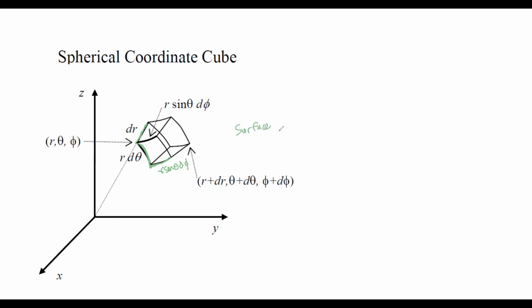For this cuboid, there are three distinct surface elements. Those we can write easily. So one surface element is r d theta into dr, right? Surface elements we take by taking the product of two perpendicular components.